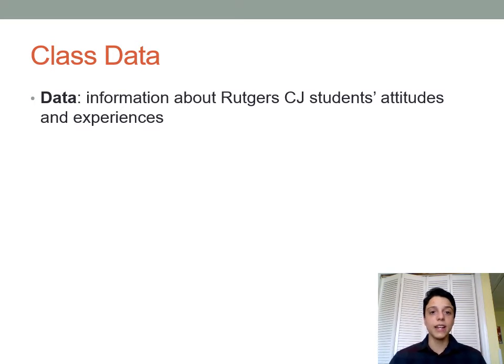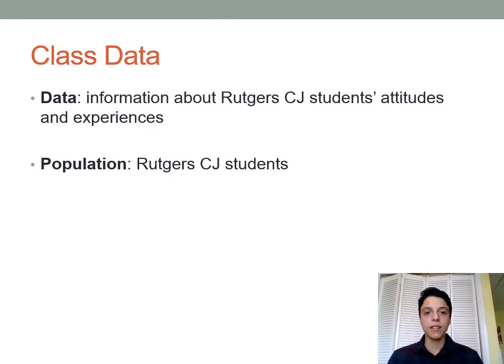And in particular, our data is going to be information about Rutgers criminal justice students' attitudes and experiences. And it's all information that can be counted up and have other numerical things done with it, as we will see throughout the semester. So when we think about data as quantifiable information, we have the responses to the survey being quantifiable information about your attitudes and experiences.